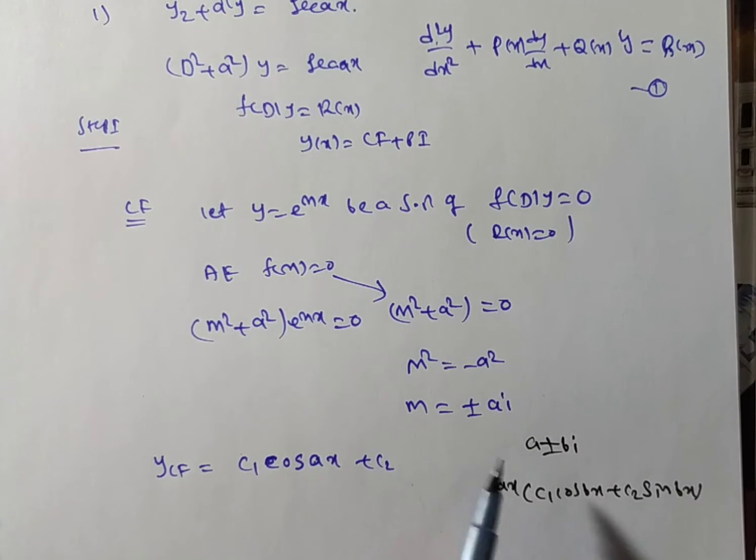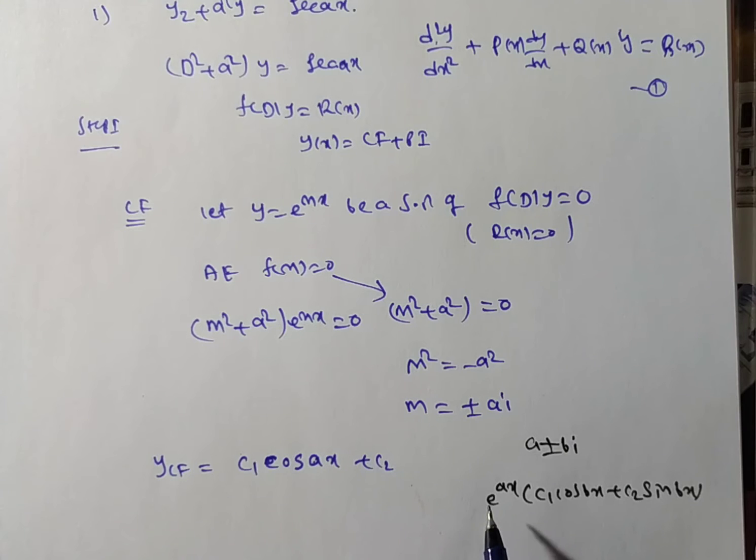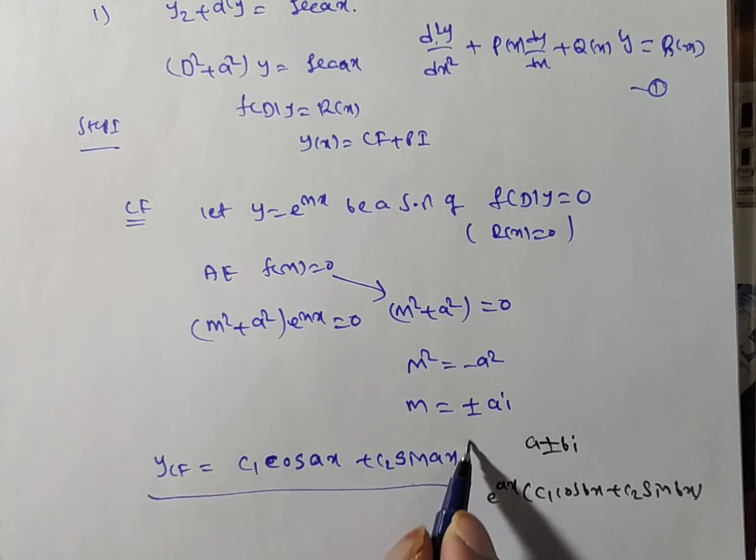Now compare with these two: here we have a = 0 and b = a. If a = 0, then e^0 is 1, so we get c1 cos ax + c2 sin ax. This is the complementary function.